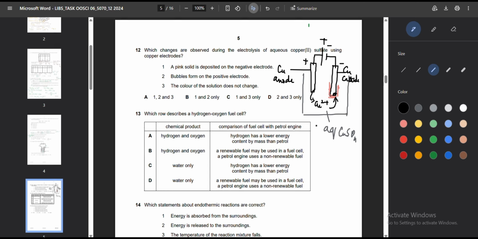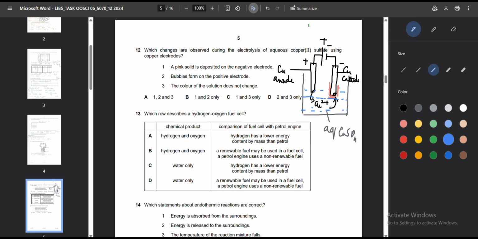So the copper ions will get deposited on the cathode, and the blue color of the solution will not change, or fade away, because the concentration of copper ions stays the same in the electrolyte. The copper ions deposited at the cathode are replaced by the copper ions formed at the anode.